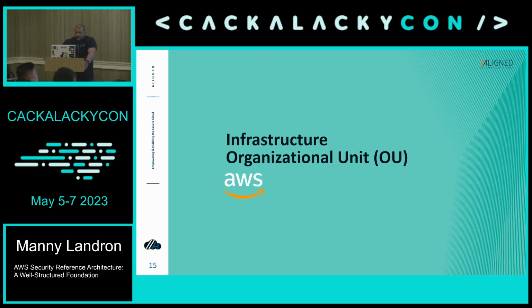So here you have the infrastructure OU. It contains the network account and the shared services account. By the way, you could come up with your own reference architecture. This is just a guideline, a suggested approach, if you will. But the network account is one that's very interesting, and I'll explain that next.